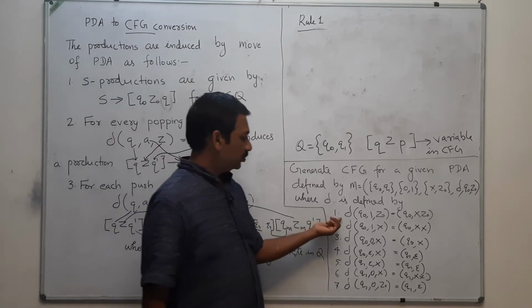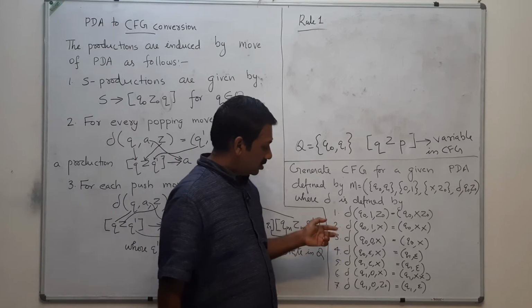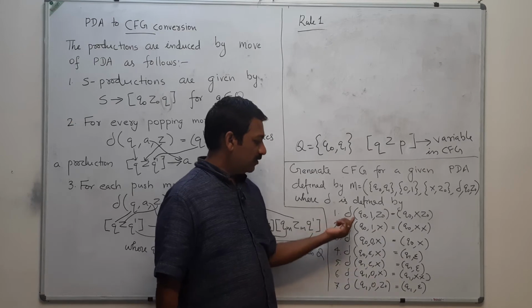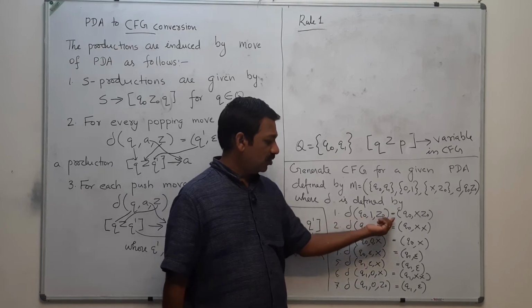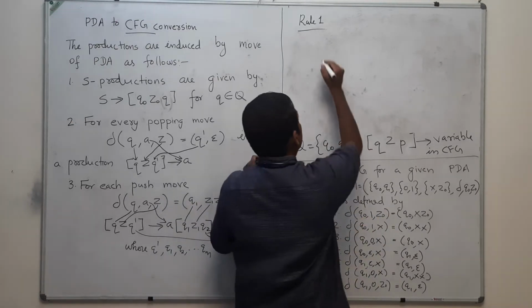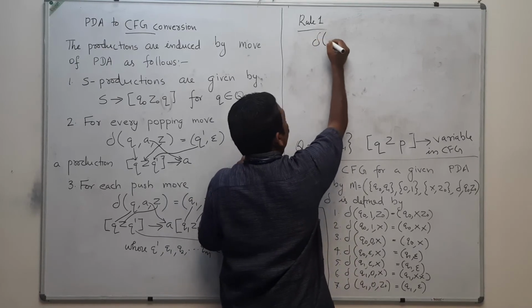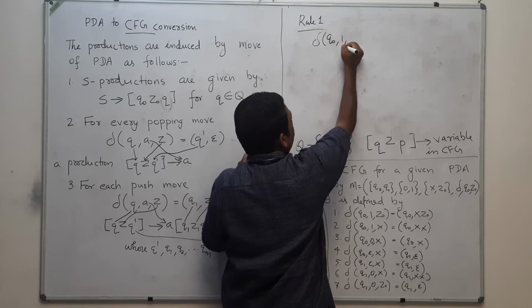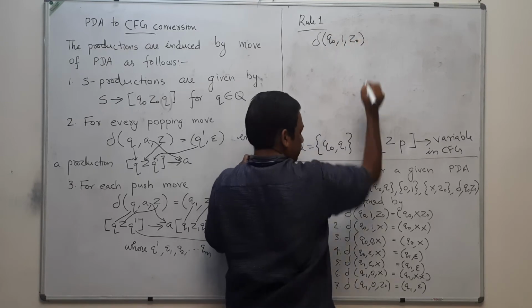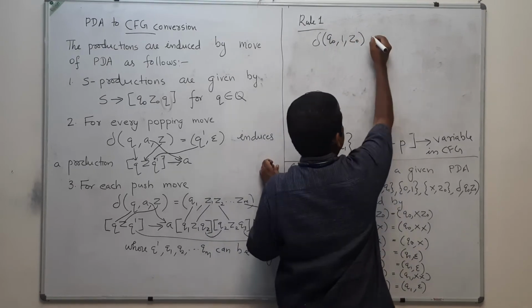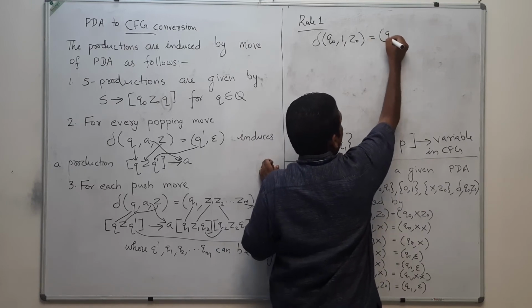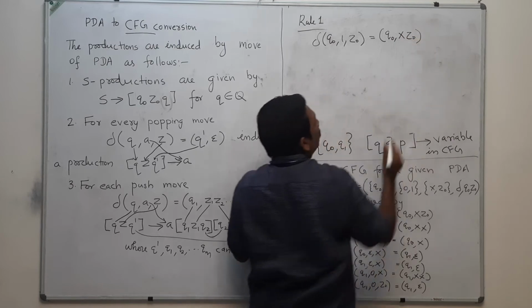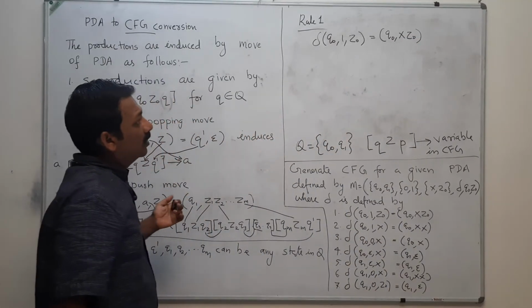Now, I am going to make the productions for this rule. That means this is a move. Delta of Q0, 1, Z0 is equal to Q0, x Z0.